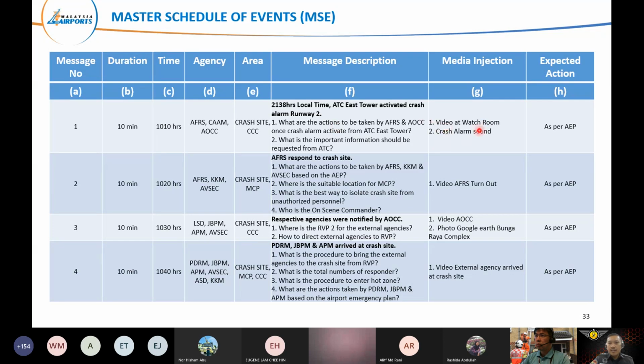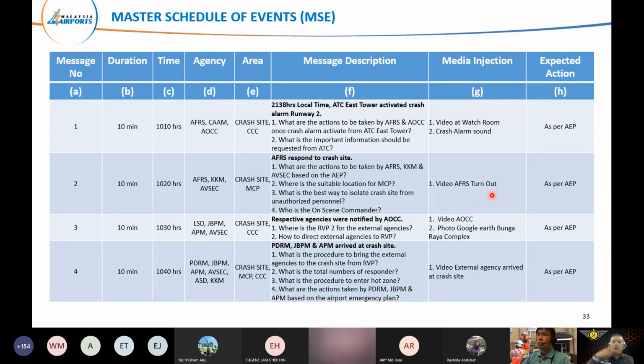For each message, we have media injection. So we have full videos in our Microsoft slide presentation. So we strategize: what is the message, what is the video for this message? For example, message 1, the video is about the situation at the AFRS watchroom, and the crash alarm will be sounded.